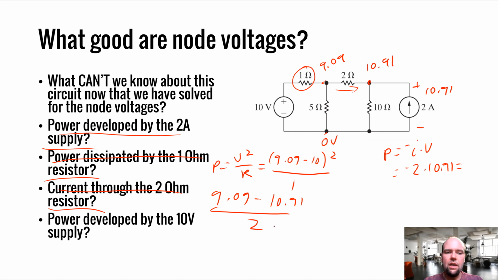Power developed by the 10 volt supply. Well, so now we just need to know what's the current. Well, we can do the current here. So if we find the current here, that's current entering the positive terminal, right? So if we find that current, power is equal to I times V. And that current, we know that current.